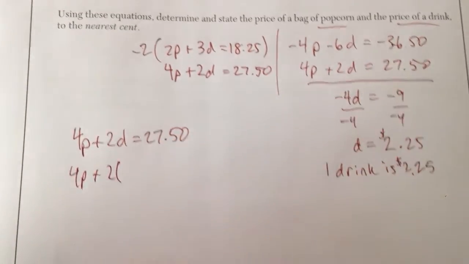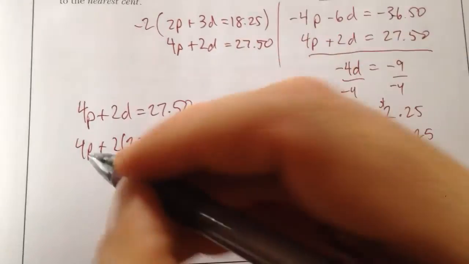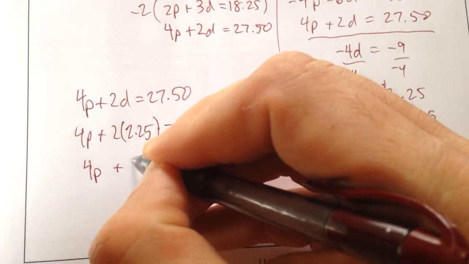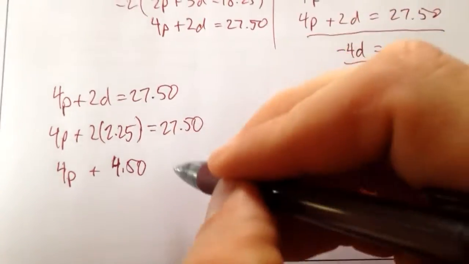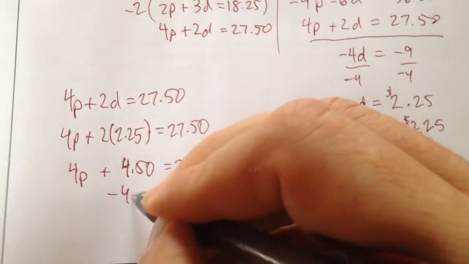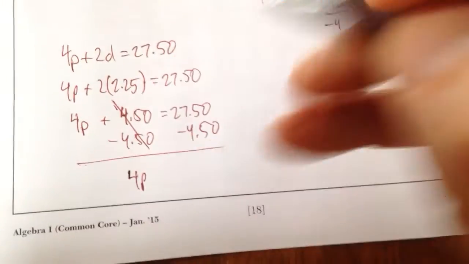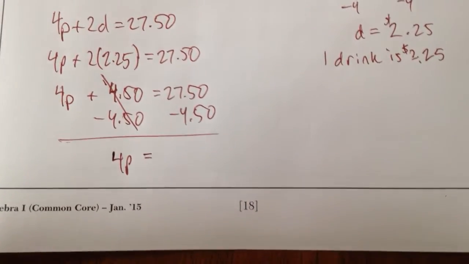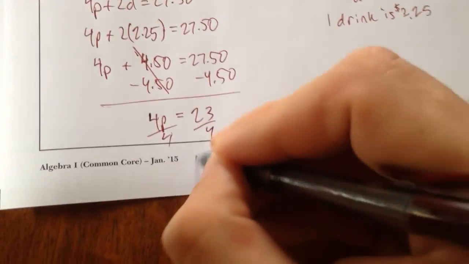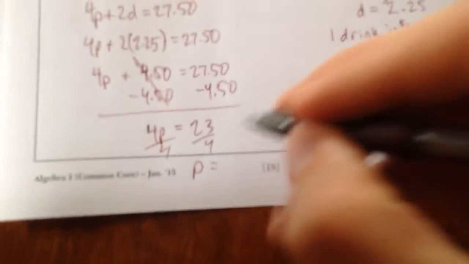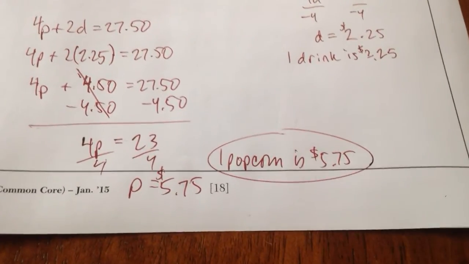I get 4p plus 2 times 2.25 equals 27.50. One popcorn is $5.75.